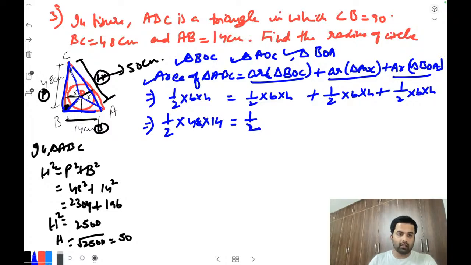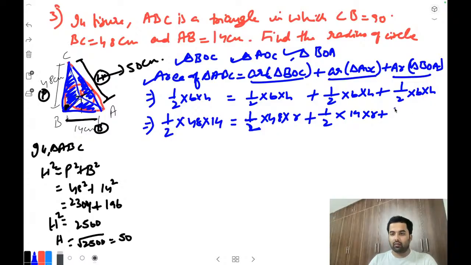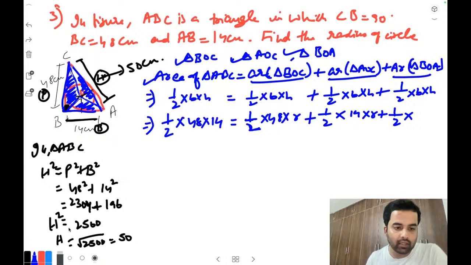For this triangle, let me shade it, the base into height will come 48 into R. For this AOC, it will come 1 by 2 into base 14 into R. Last one, this one, BOA. This will come 1 by 2 into, wait. Let me erase it.